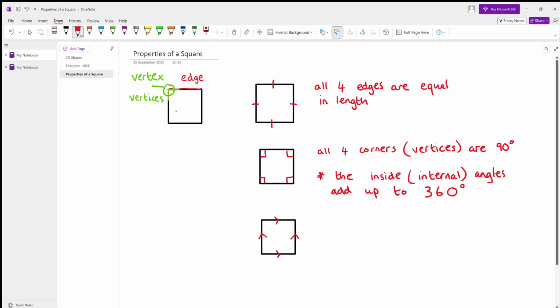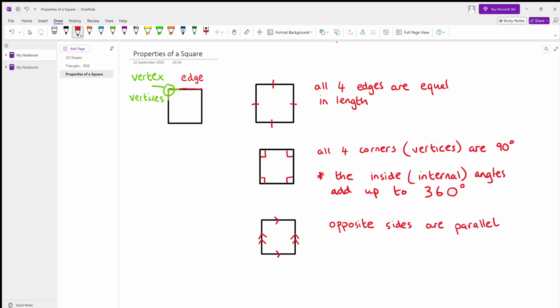So what you do instead, on this side you put double arrowheads. So we can say opposite sides or edges are parallel.